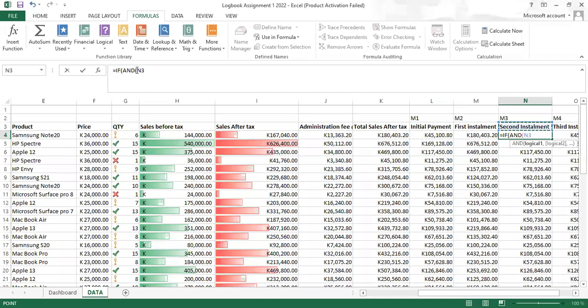Another one behind, we lock it as well. If this one is equal to month 3, this one month 3.